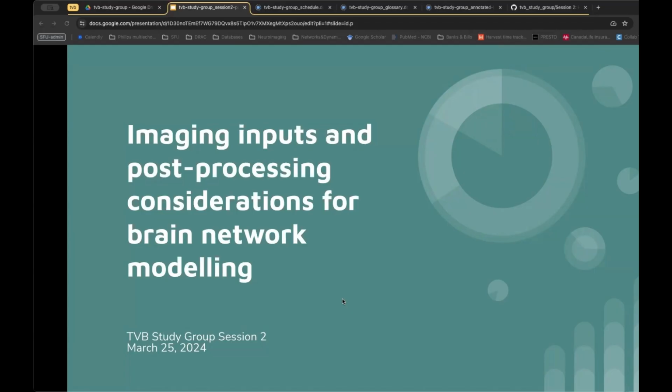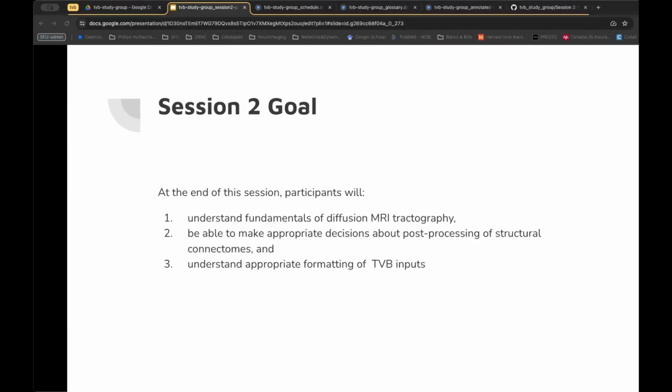Okay, and I think Liz requested last week that I also include in here a little kind of diffusion MRI primer, and I think for the group here that makes sense. So the goal for the session today is that at the end you'll have some kind of fundamental understanding of diffusion MRI tractography. Not all diffusion analysis, but tractography in particular, because that's what we'll use to estimate the anatomical wiring of the brain.